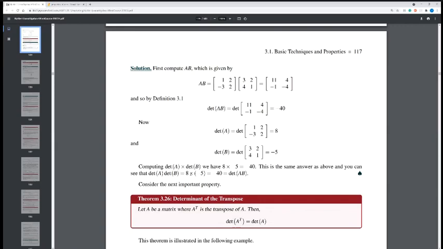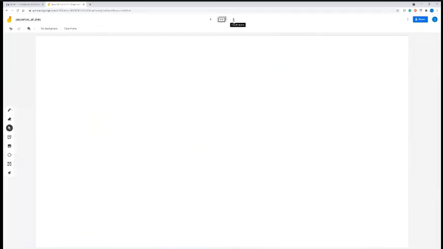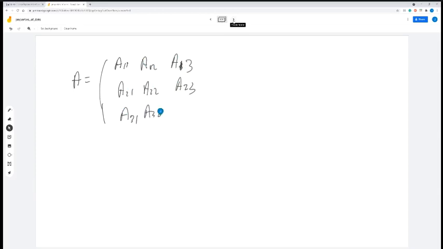Okay? What would happen if I multiply the whole matrix by the same number? What do you think? If I multiply the whole matrix by the same number, what would happen to its determinant? Let's say, for example, you have a 3 by 3 matrix: A11, A12, A13, A21, A22, A23, and A31, A32, and A33.